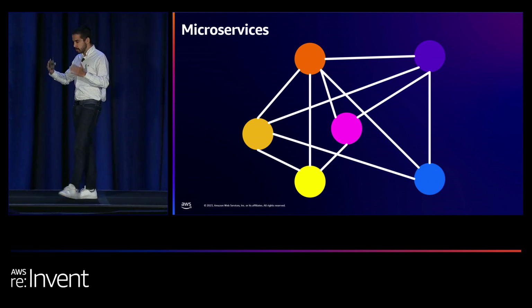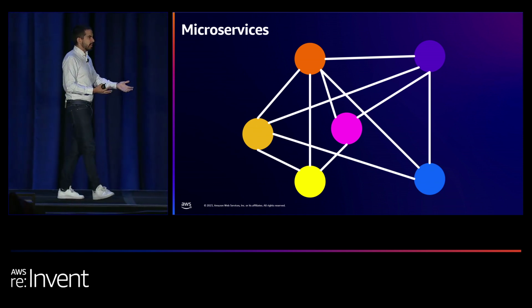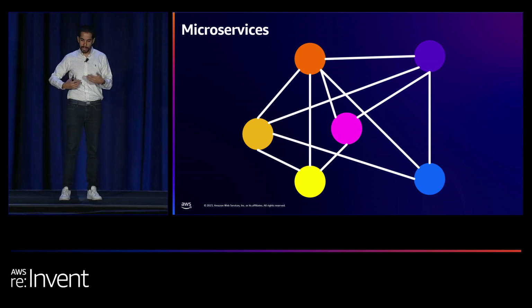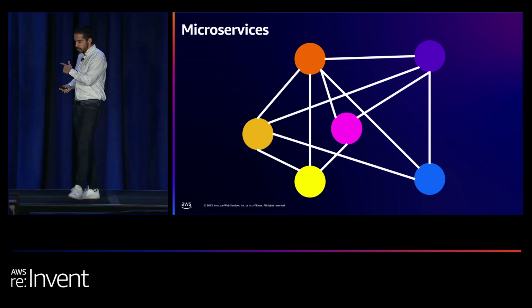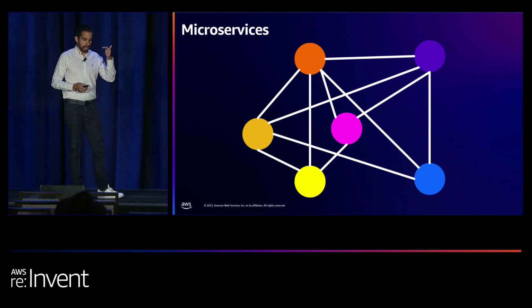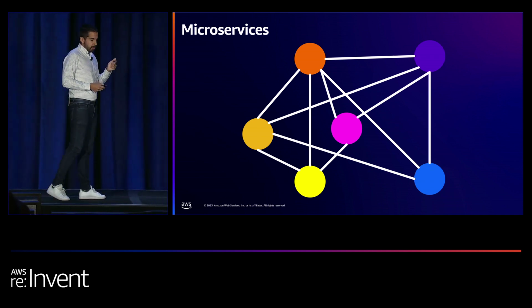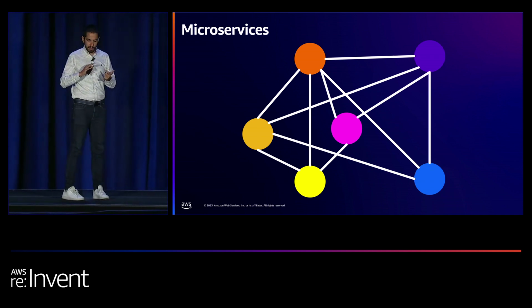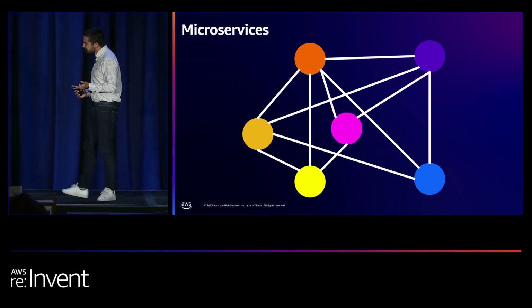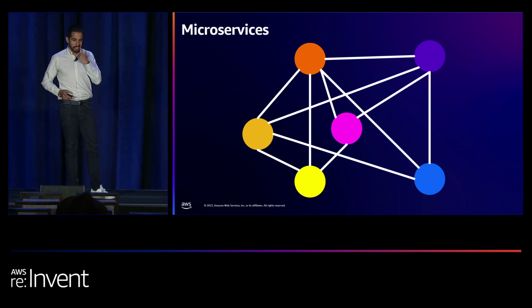So the way that teams organize around software development, being composed of small and independent services that communicate over well-defined APIs. And while microservices is one example of a distributed application that makes it easy to scale and faster to develop, they can introduce complexity in terms of service discovery, load balancing, network communication. And you'll hear about one of those complexities on the security side in a second.